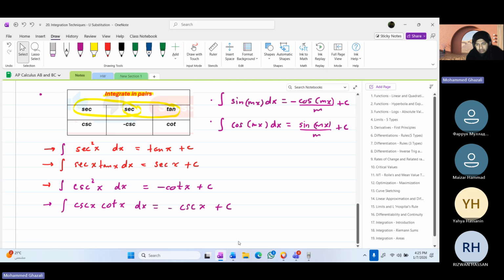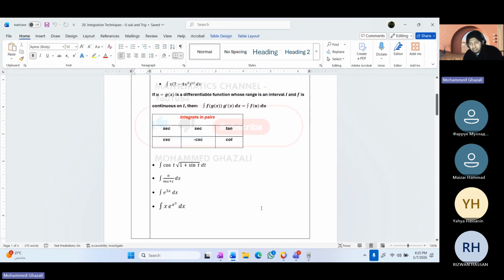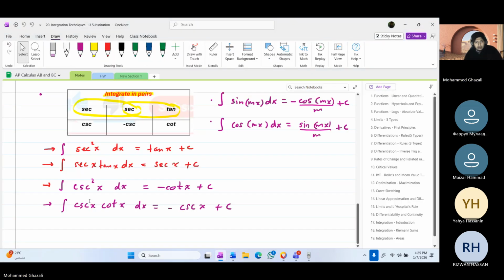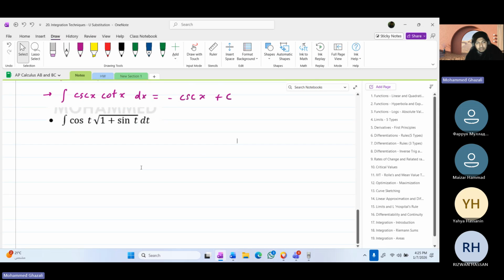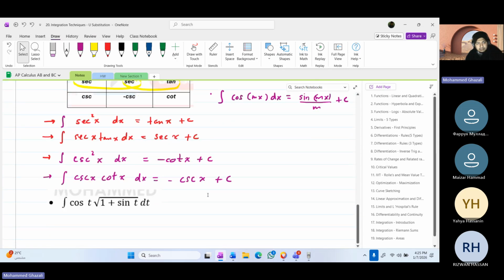So now let's have a look at the questions that I have here. Let's have a look at this question and see if you can solve this. Right, so we want to integrate, this is 1C, 1D.